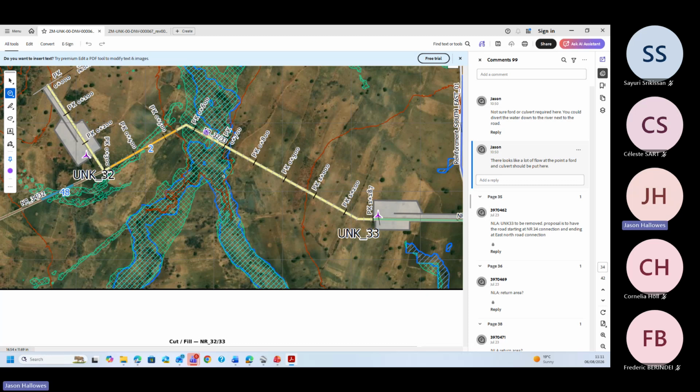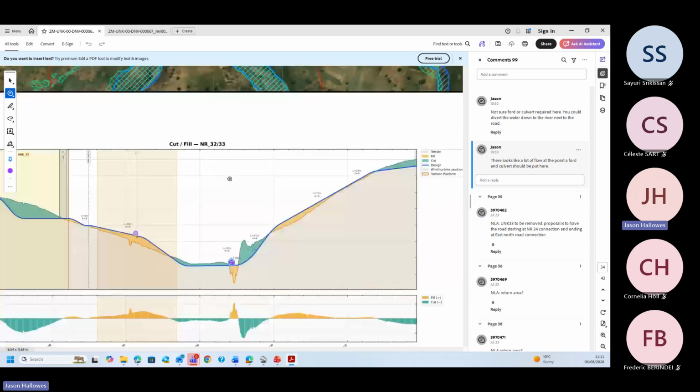It's a little bit deceptive because what's been put down here is just the water depth. The velocities, etc., which we have sent through would also be quite good to have a look at. But this over here, you definitely need a ford on, which corresponds to this area over here.